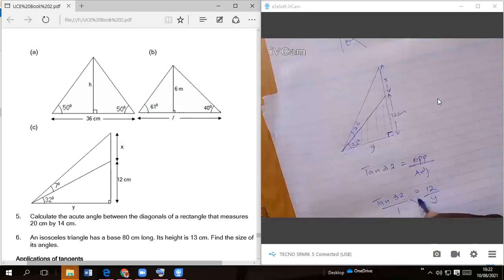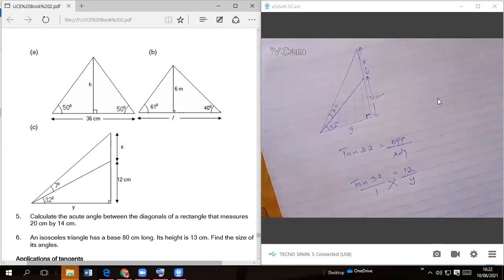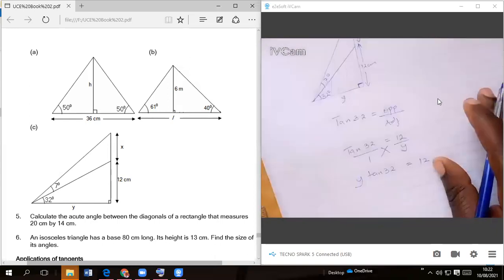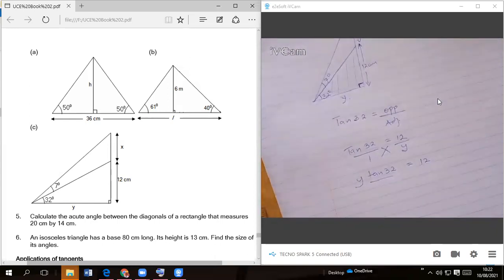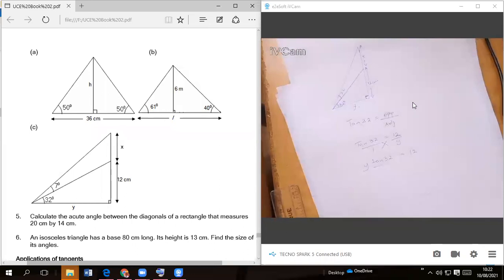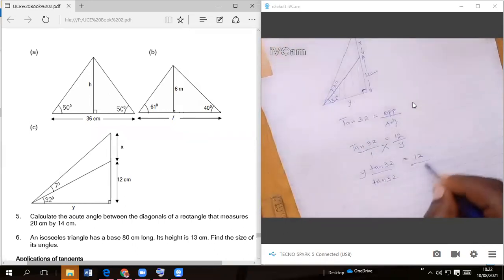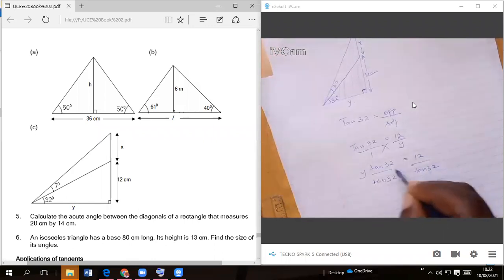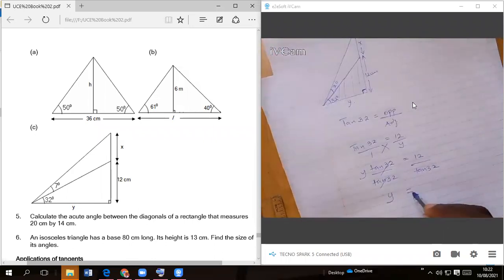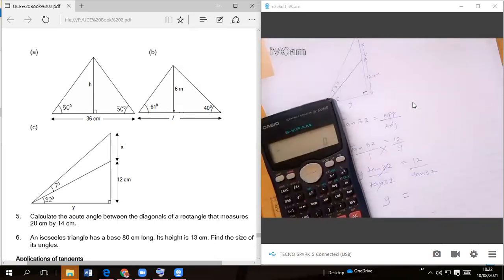So when you cross multiply, you get y tan 32 equals 12. And now you can divide both sides by tan 32, and our y becomes 12 divided by tan 32.